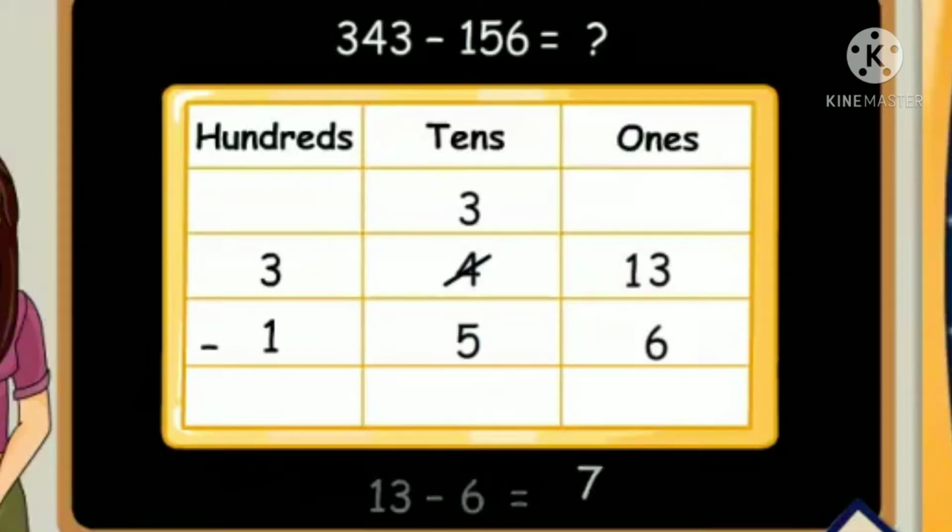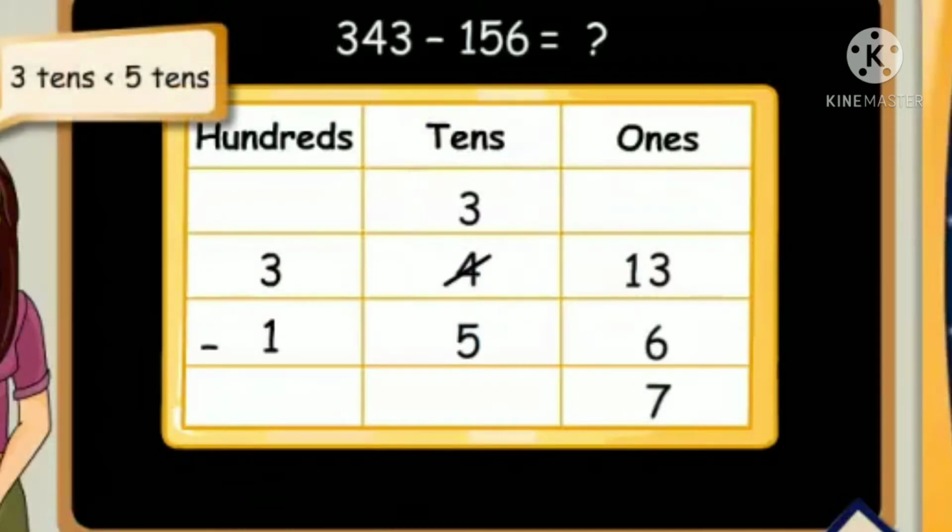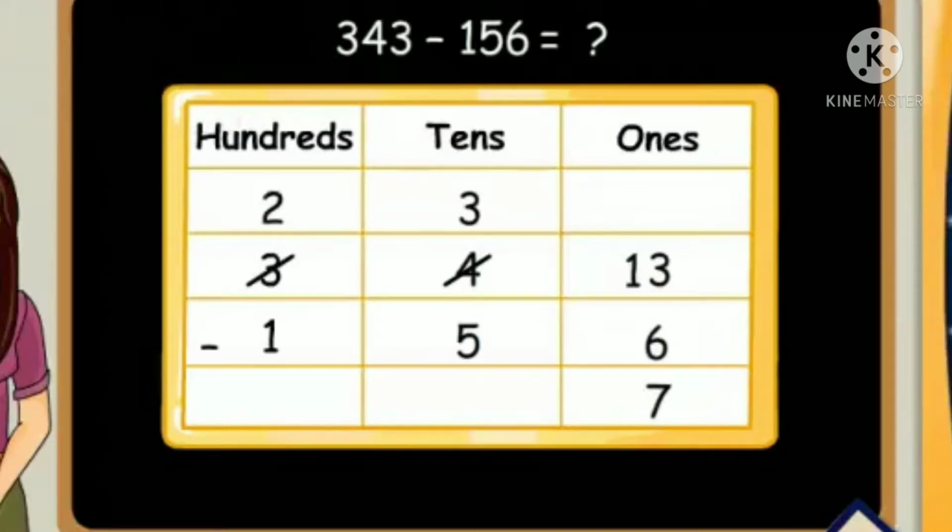Now observe that 3 tens are less than 5 tens. So we need to borrow again, but this time from the hundreds place. So the hundreds place is reduced by 1 to become 2 and the tens place is increased by 10 and becomes 13.